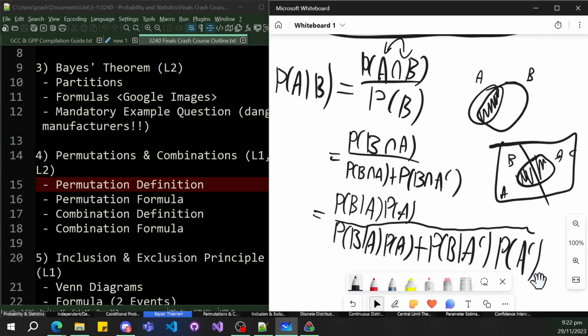This is what we have so far. And you will realize that with the question's data, what we've managed to do is, from A given B, swap it around, because now we have B given A, B given A, B given A complement. With an equation like this, you're able to sub in the question's data and calculate accordingly.